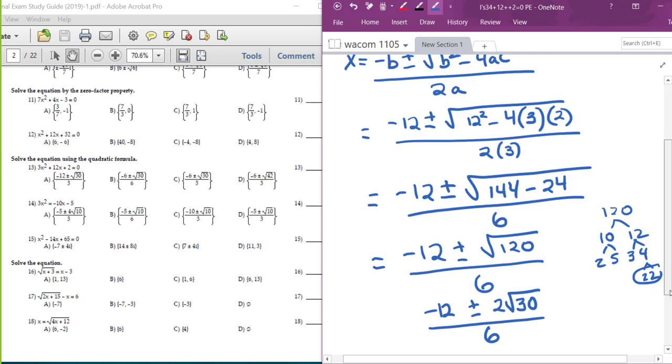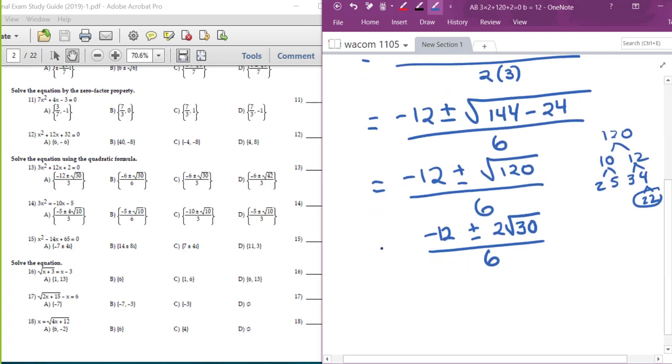Now, you have to see about simplifying here. If you have a common factor around this plus and minus, so it has to be in all the pieces, and you're not touching underneath the radical at this point. All right? And these are all even. So we could divide by 2. That's the easiest thing to spot. This will still be negative. So 2 will go into 12 6 times. 2 will go into 2 one time.